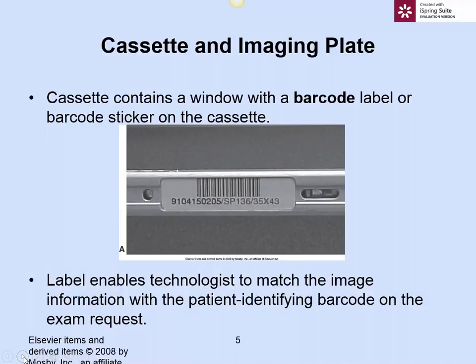Cassettes contain an imaging plate, but there are also other things on the outside. One thing is that you'd have a barcode label there, or a sticker of some kind, that identifies this cassette. So this is essentially the device that you use to link this cassette with a particular procedure and, of course, with a particular patient.